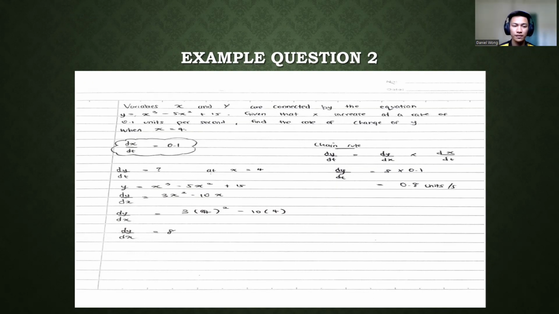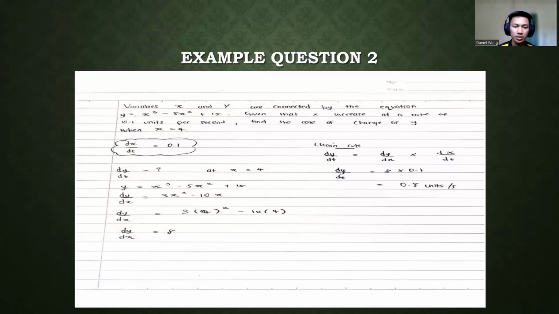So this is the next example question of rate of change. The question is: variables x and y are connected by the equation y equals x^3 minus 5x^2 plus 15. Given that x increases at a rate of 0.1 units per second, find the rate of change of y when x equals 4. As we know, dx/dt equals 0.1.